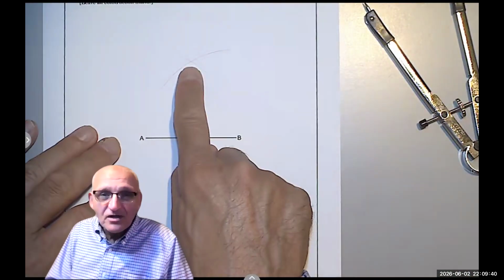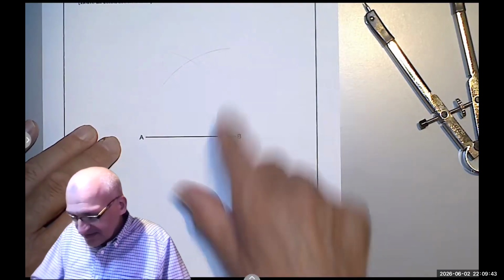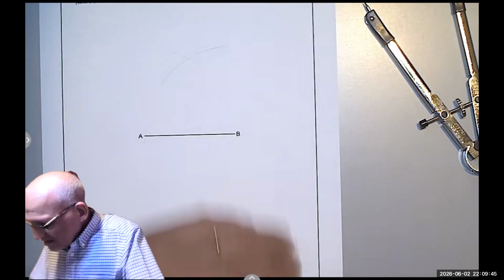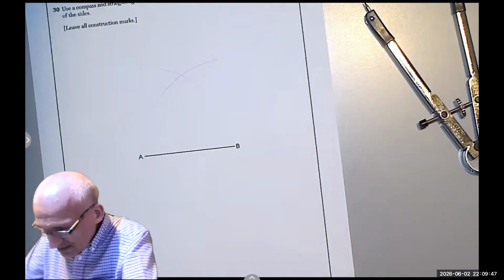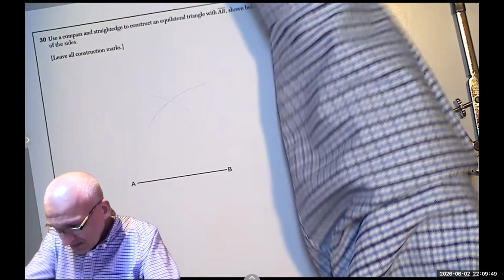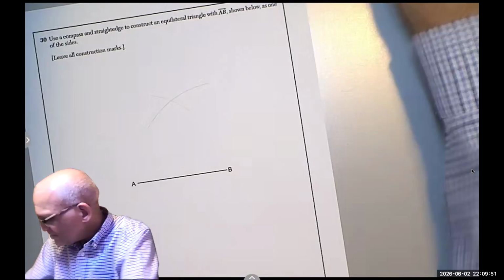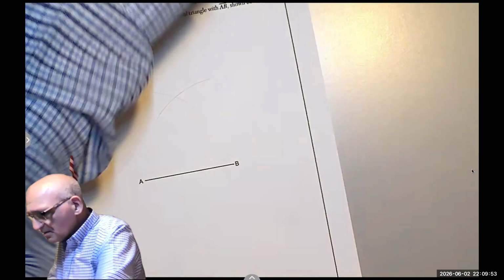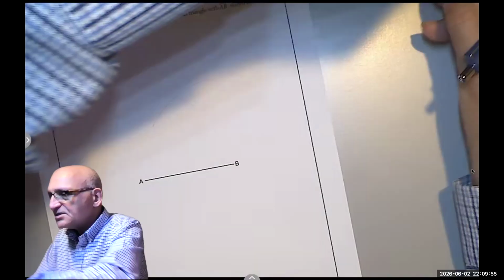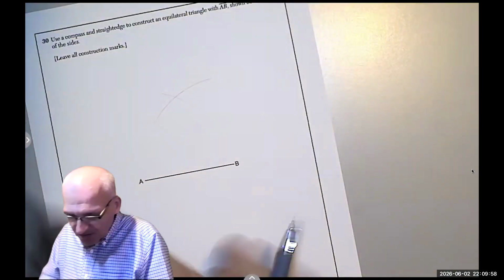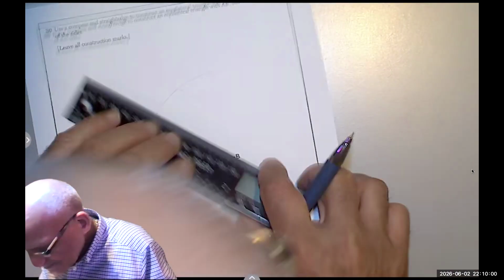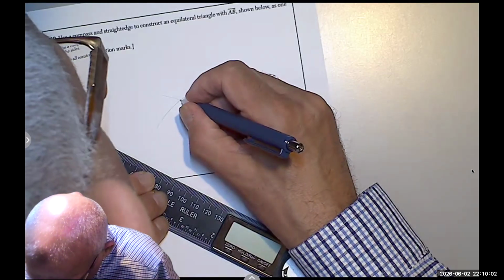Okay, so now we know that these two arcs are congruent, then definitely that would produce the vertex. I'm going to use just the straightedge. So here is the vertex of my equilateral triangle.